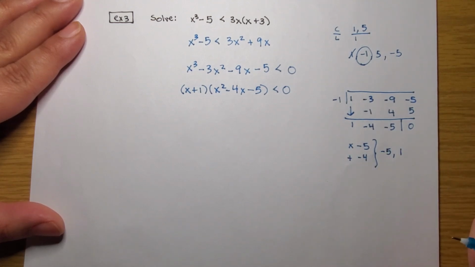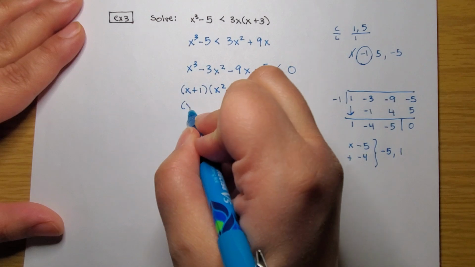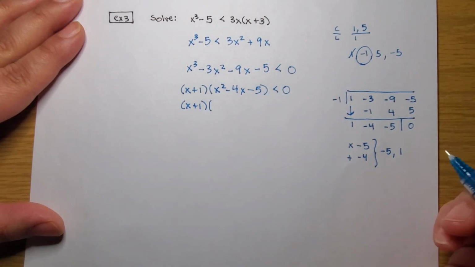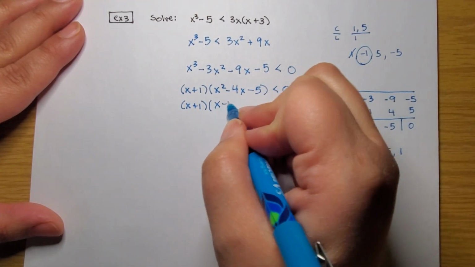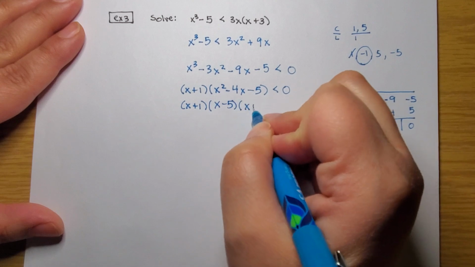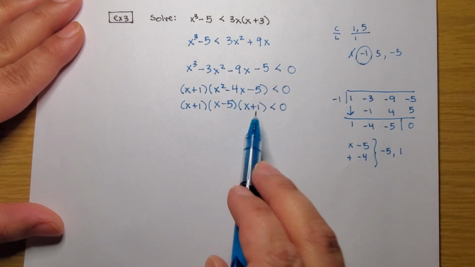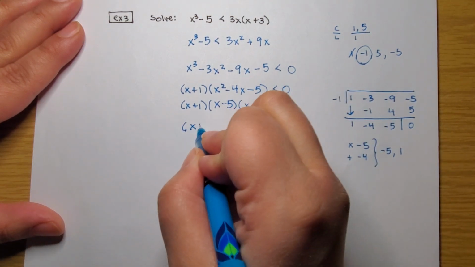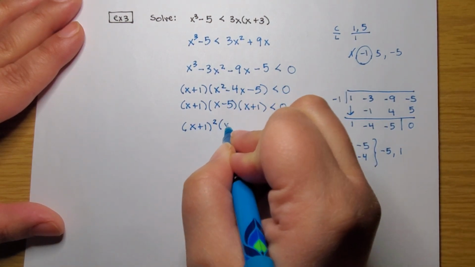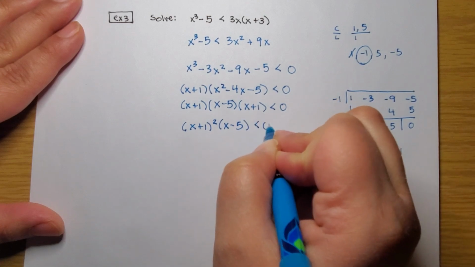That'll get me that -4. So here's my x plus 1. Then I get x minus 5 and x plus 1 again. Since x plus 1 appears twice, I can group them together as x plus 1 squared and then x minus 5.